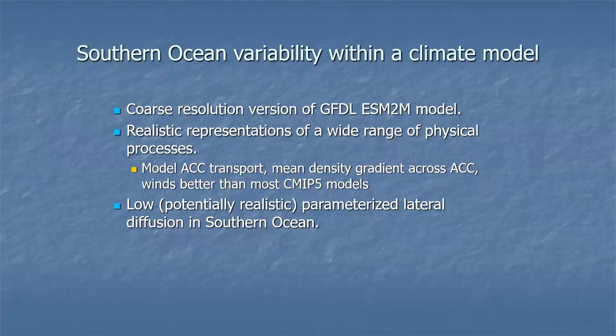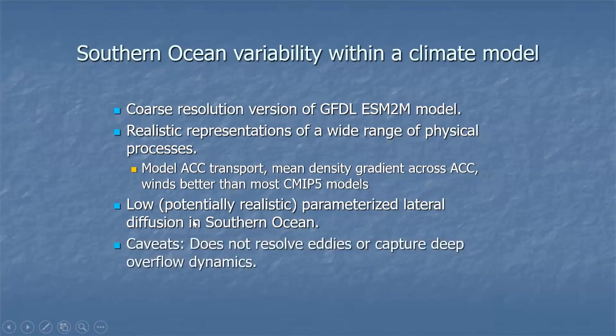So we compared it to the CMIP5 models and found that it was better than 2/3 of them, maybe 80% of them, in terms of its modeled Antarctic circumpolar current transport, and also the mean density across the circumpolar current. Again, though, the low resolution means that the mixing due to eddies has to be parameterized. And this was a model with relatively low parameterized lateral diffusion in the Southern Ocean.